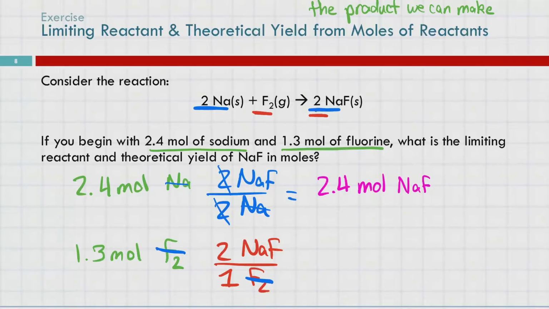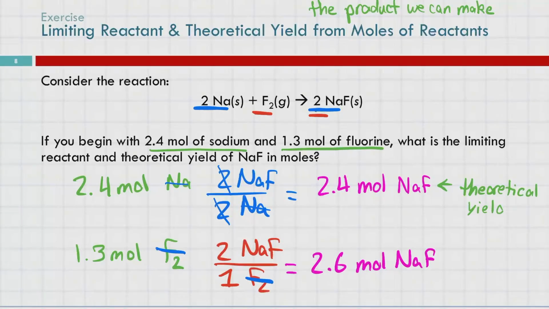So 1.3 moles times 2, 2.6 moles sodium fluoride. So we choose the smaller of the two. That is our theoretical yield. And sodium is the limiting reactant.